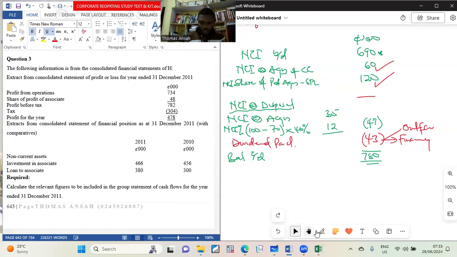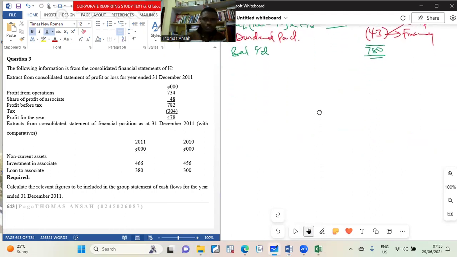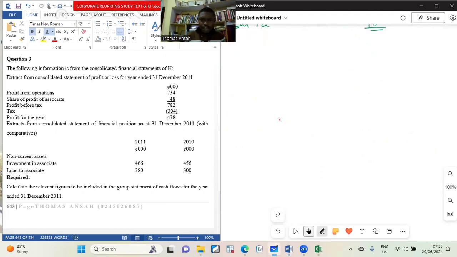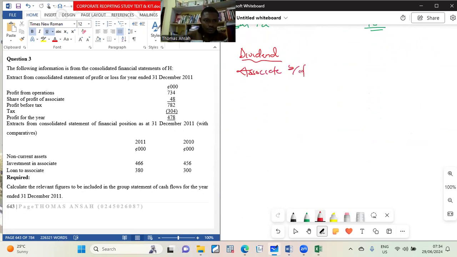So in question 3, what you find out is that we've been given the information. How do you do the dividend in associates and the cash flows to associates? So how do you find the dividend? We have associates brought down. The investment in associate brought down will be 456.